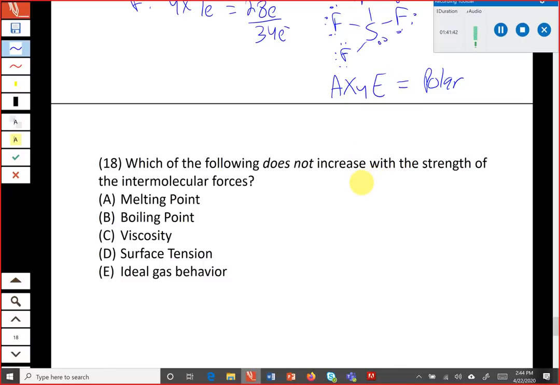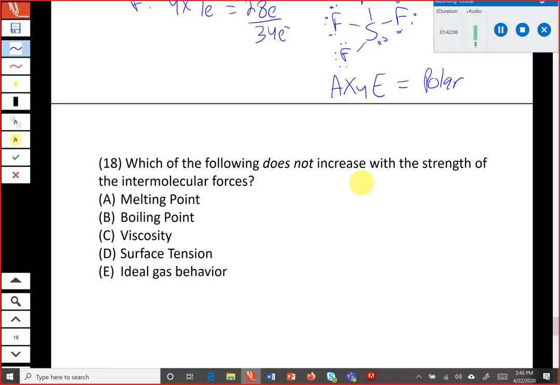And so thinking about this one conceptually, if the intermolecular forces are stronger, that means the molecules are held together more tightly. And if they're held together more tightly, you have to put more energy in to separate them, which means the phase changes all occur at higher temperatures. So if they're in the solid phase and have stronger intermolecular forces, you have to heat them to a higher temperature to break up the molecules and allow them to become a liquid.